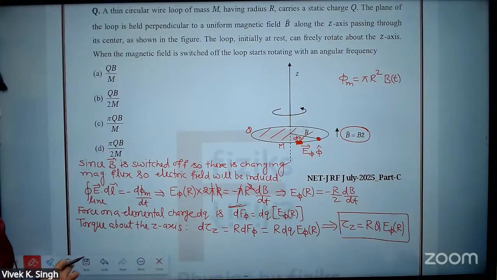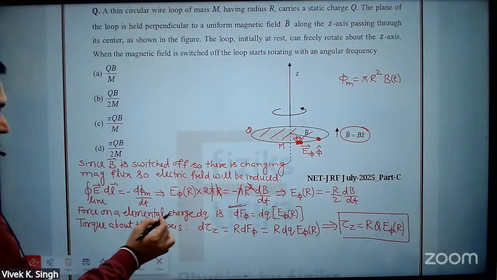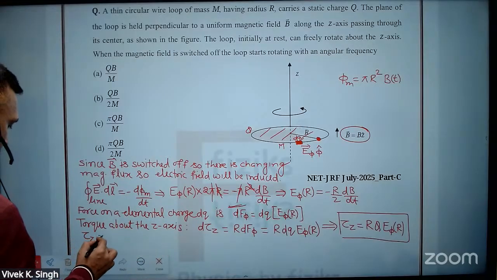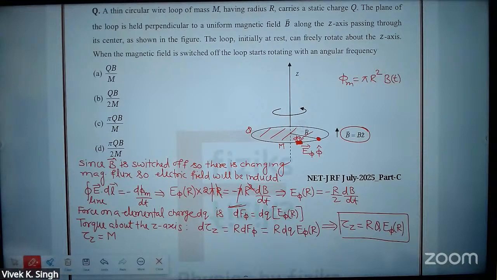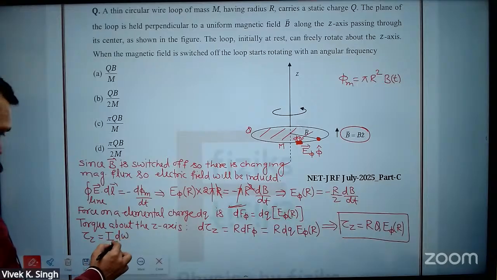Now you can write this tau z as I d omega by dt, that is, I into alpha.